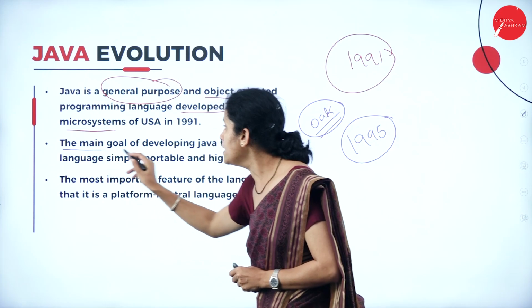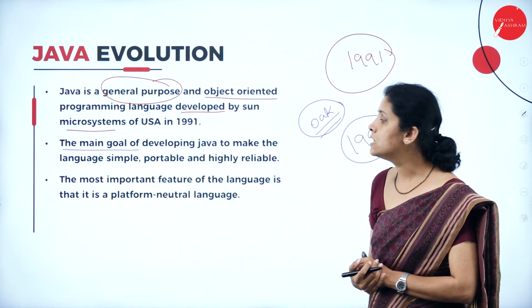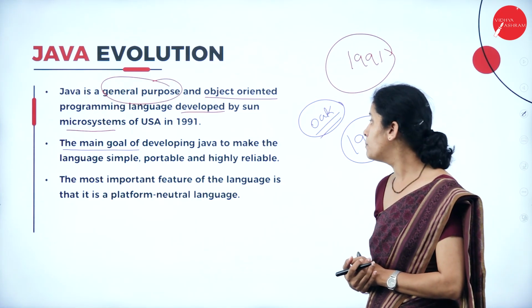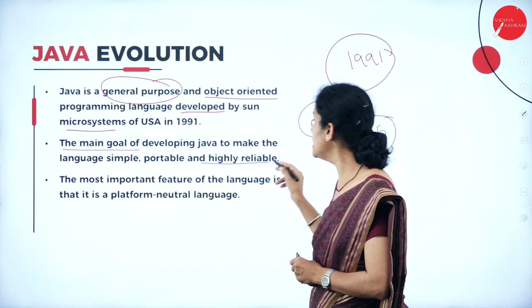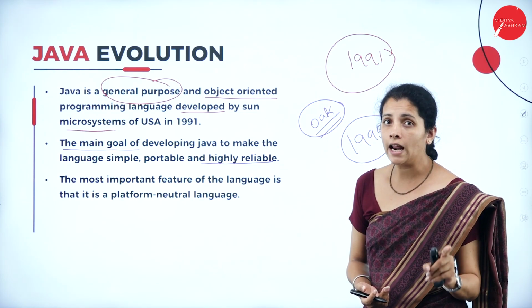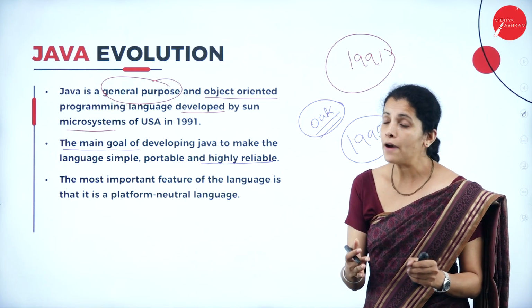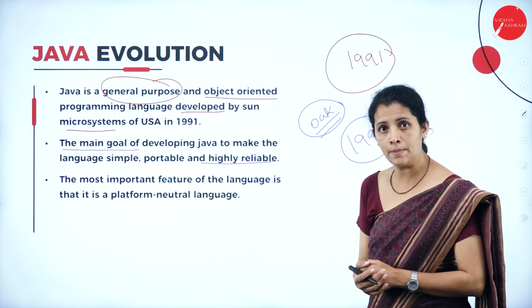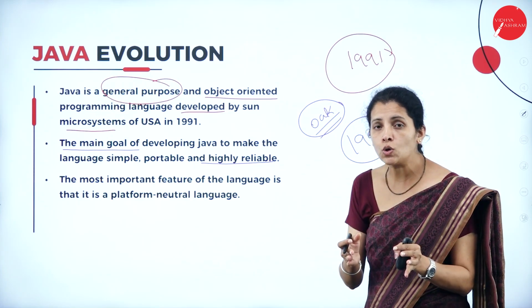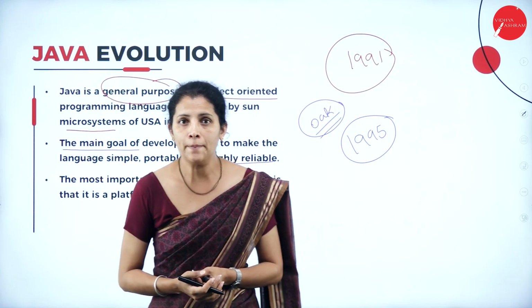So, the main goal of developing Java is to make the language simple, portable and highly reliable. Now, the question arises here that when we have C as well as C++, then why do we require the Java program?